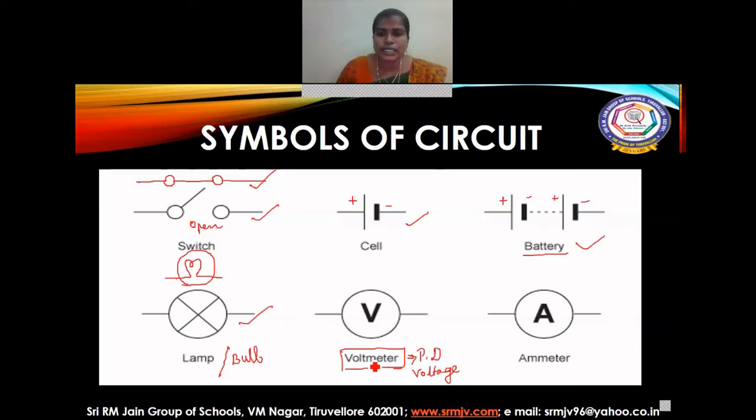So voltmeter is a device which is used to measure the voltage, and it is represented with the letter V in a circle. Then ammeter. Ammeter is a device which is used to measure the current in a circuit. So these are the basic symbols which we are using to represent the circuit.